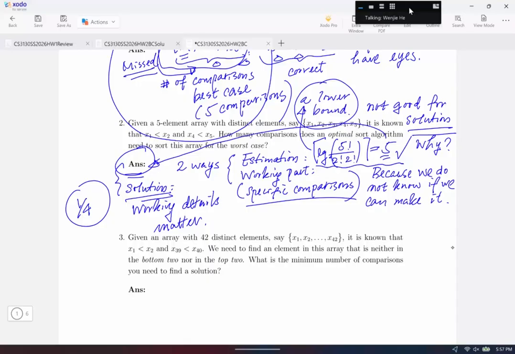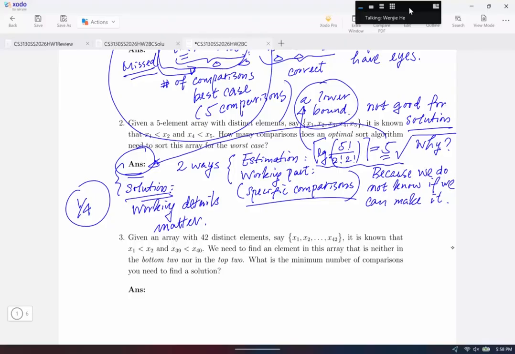Because if I give you a different question, so you calculate the lower bound, but if nobody can do it, then I need to question, how can you make it? So you claim this is the answer, but how can you make it?